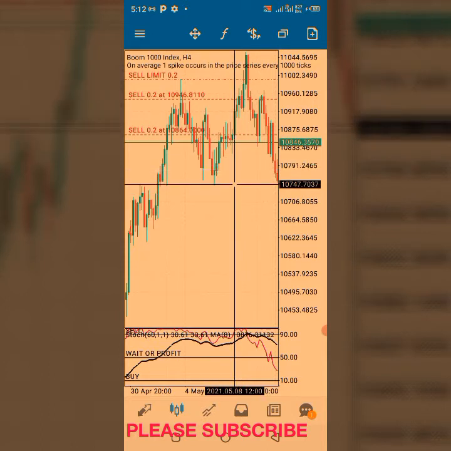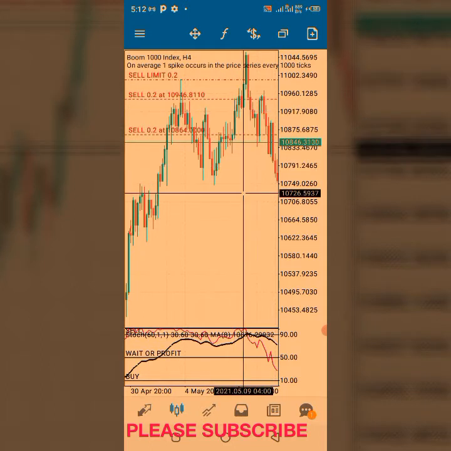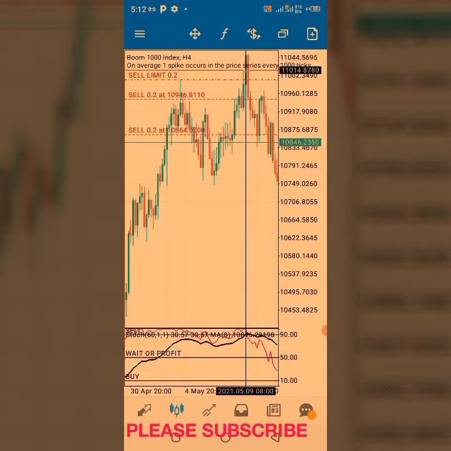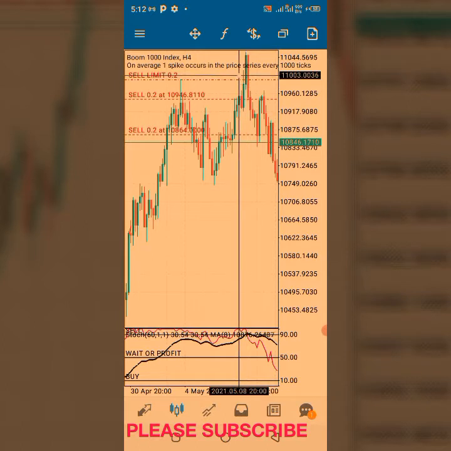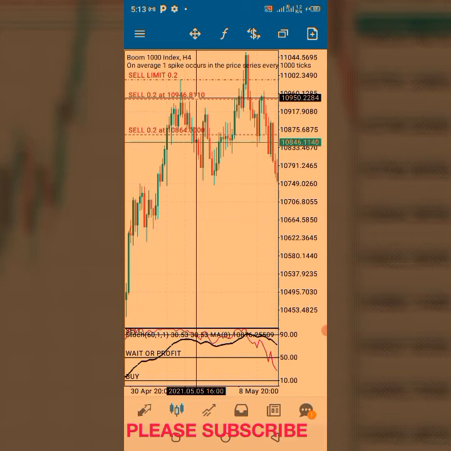So that's why we place it either below the neckline here, or at the wick, the high of the first shoulder, which is here. Or you can place multiple orders so that you will know the one that will be activated, and you close the ones that did not activate.